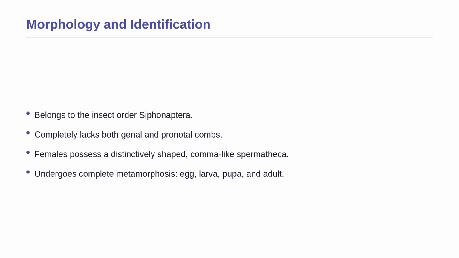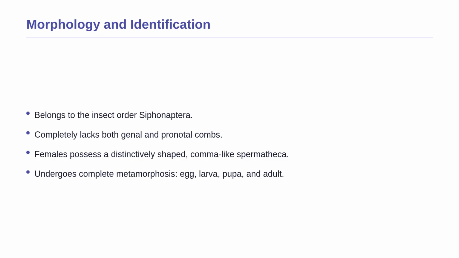Now that we know its historical impact, how do parasitologists actually identify this flea under a microscope? Xenopsylla cheopis belongs to the insect order Siphonaptera. The most crucial diagnostic clue is actually what it lacks.